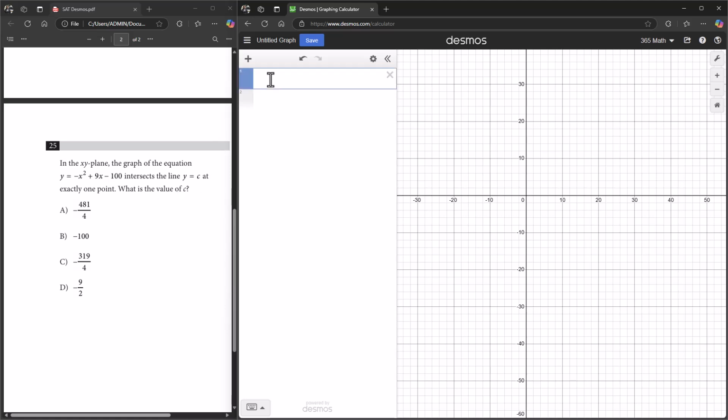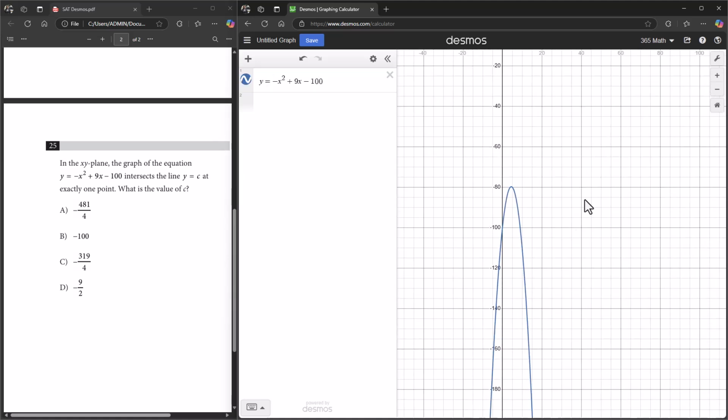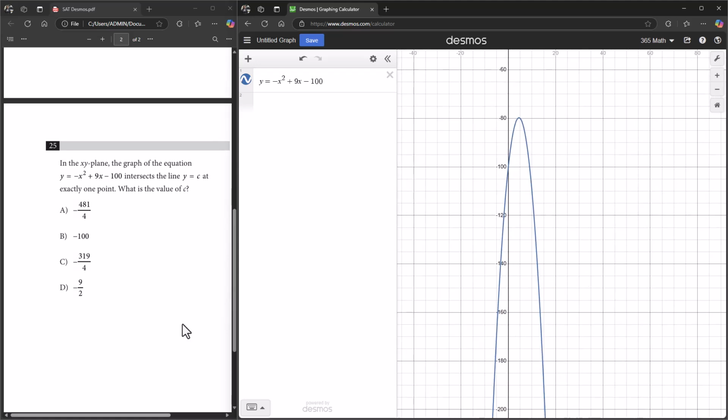So we come here and we type our equation. y is equal to negative x squared plus 9x minus 100. Okay, we look for a graph. It's way down here. So it intersects the line y equal to c at exactly one point. We don't know what that y is.